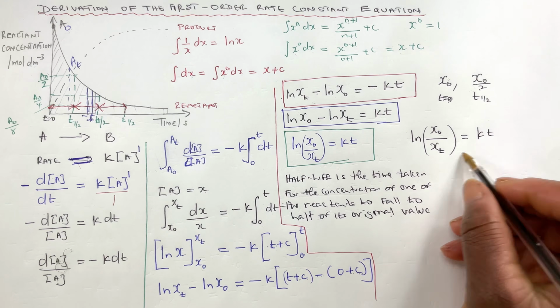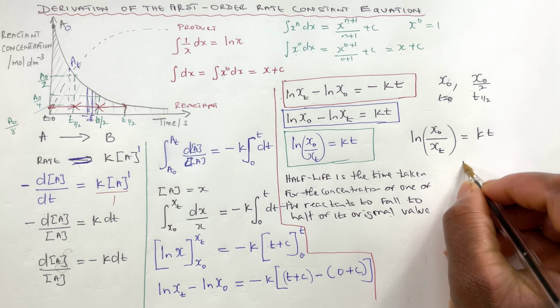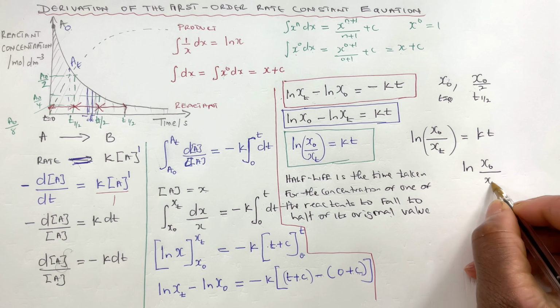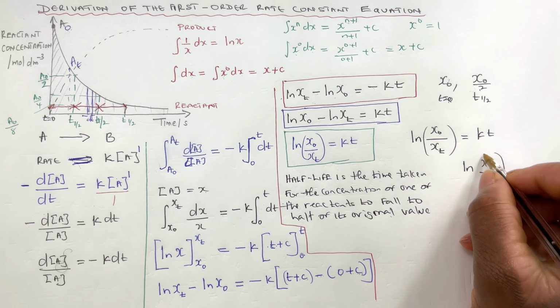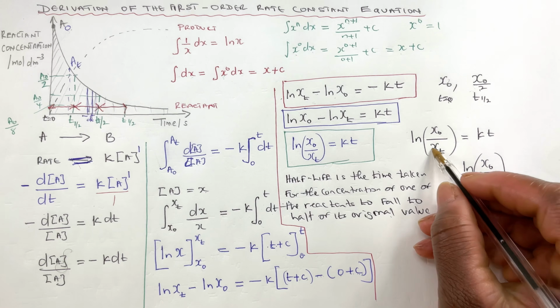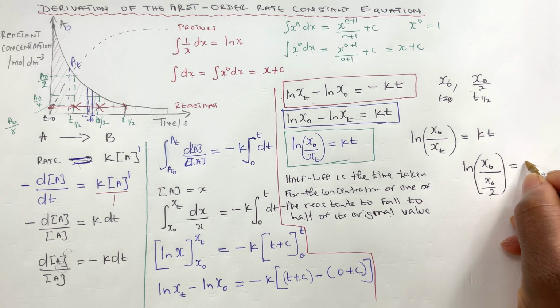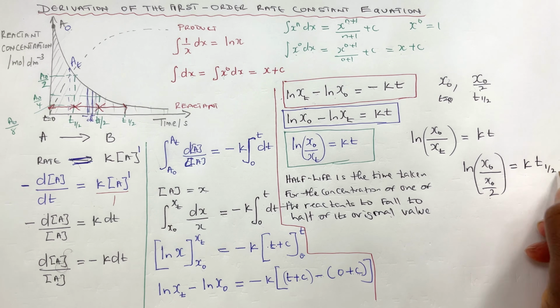So at the time t, we could have ln x naught over x naught over 2, because xt is now x naught over 2, and that will become k t of half-life.